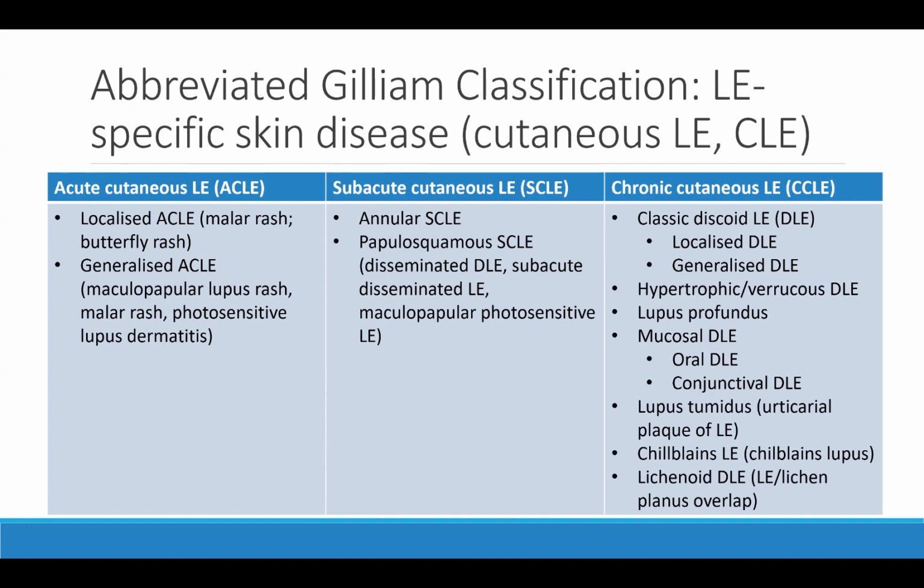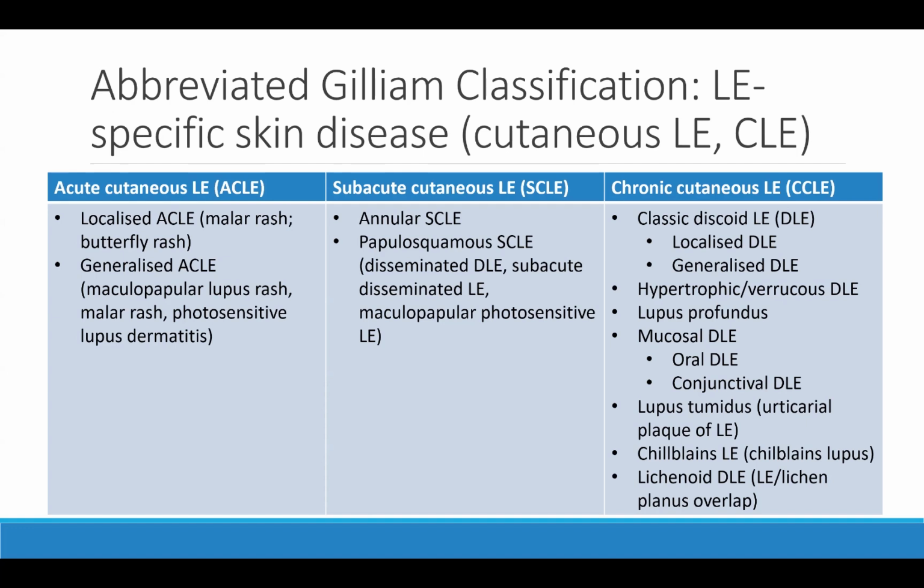Examples of ACLE are localized ACLE, also known as a malar rash or a butterfly rash. You can also develop generalized ACLE, also known as maculopapular lupus rash, malar rash, or photosensitive lupus dermatitis.